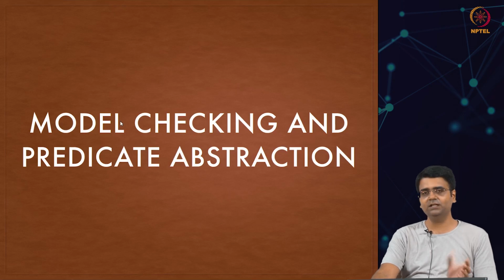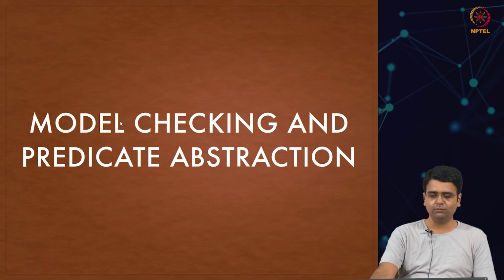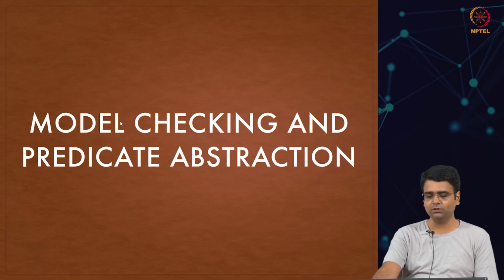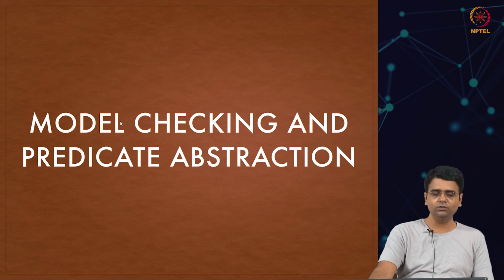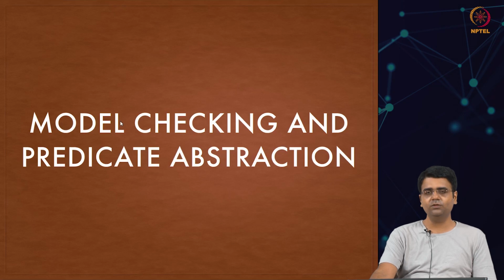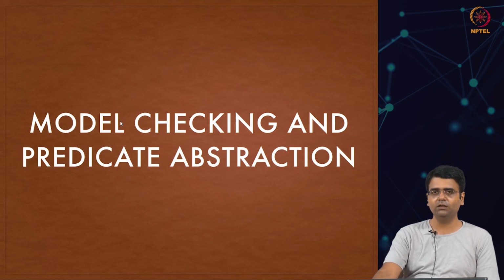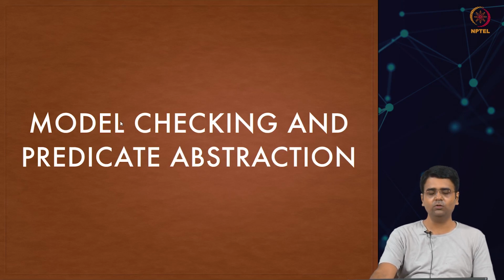But one of the limitations there was that the verification is not fully automated, because the programmer has to supply the loop invariant. To overcome that limitation, we looked at abstract interpretation, which is nothing but static analysis of programs. We went through the entire theory of abstract interpretation, and it overcomes the limitation of deductive verification in the sense that it is fully automated.